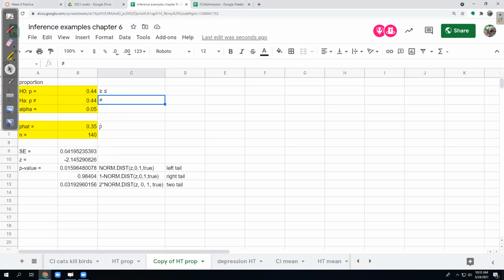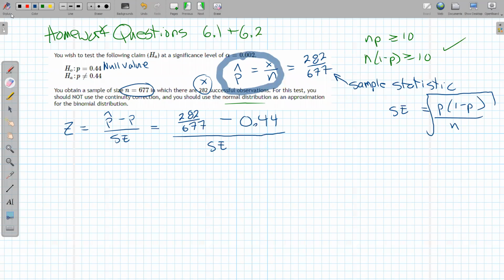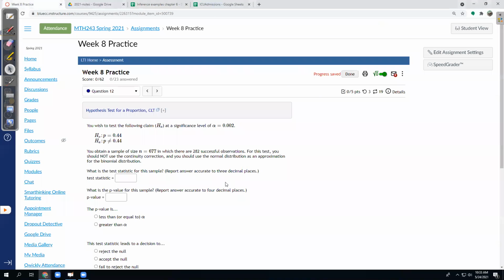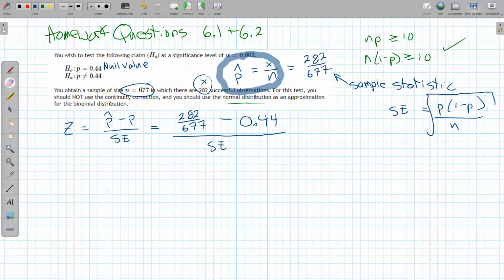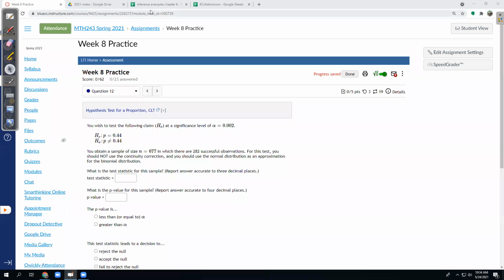What is our test here? Go back here and get that. We want to, oh, it is not equal right there. Okay. Yeah, so I can stick with the not equal as opposed to less than or greater than.